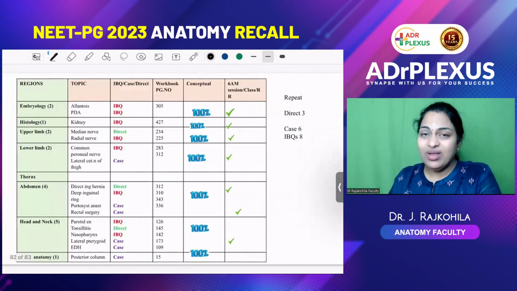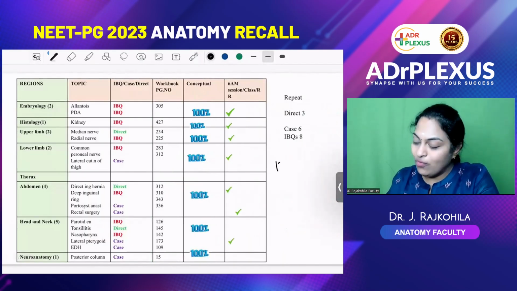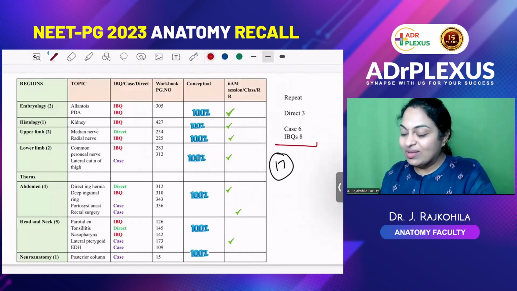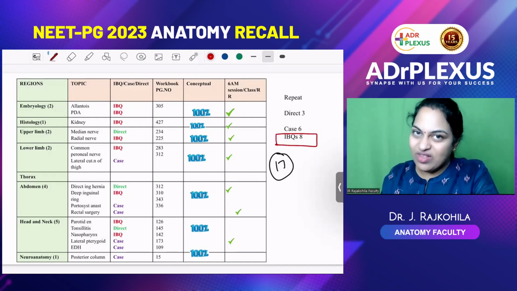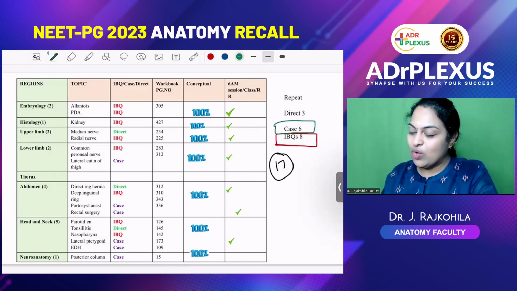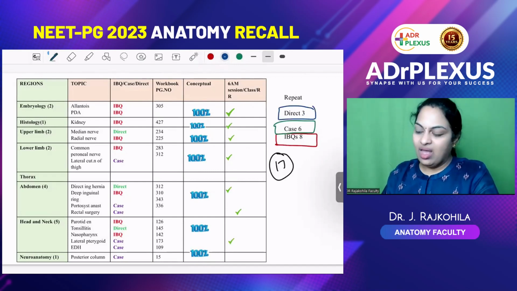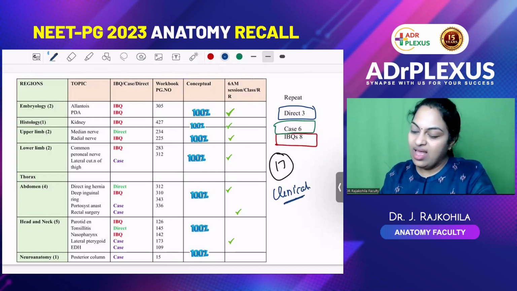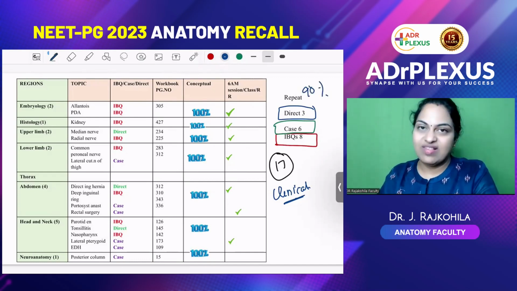Now coming to the analysis, out of the 17 questions, the majority were image-based questions. Then next were case scenarios, and only 3 direct questions. And of course, all of them were clinically asked. Most of them were repeat questions.